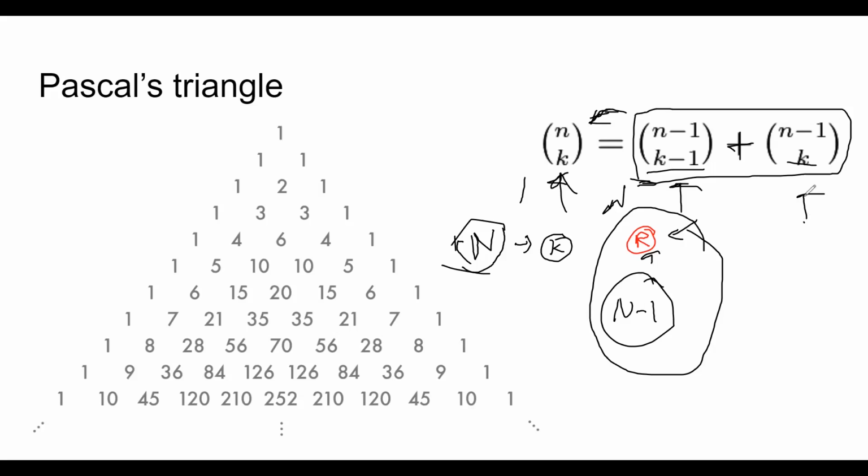And this next term, n-1 choose k, refers to when this random person is not part of that group of k. In that case, we can just ignore them, and now we need k people from this group of n-1. And so that accounts for this term right here.